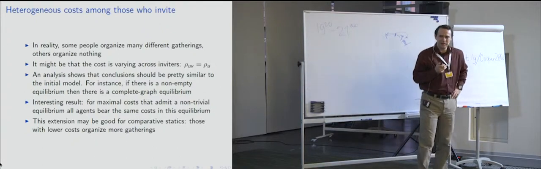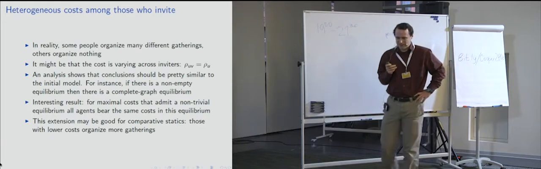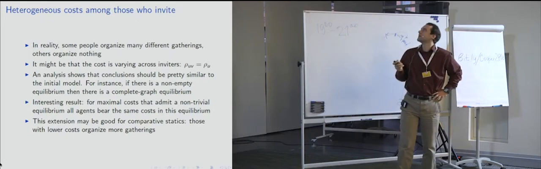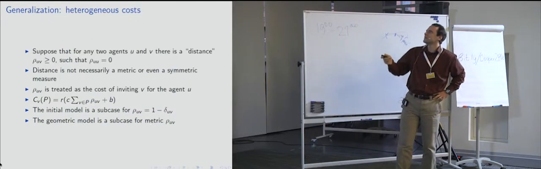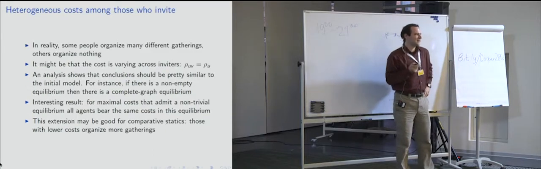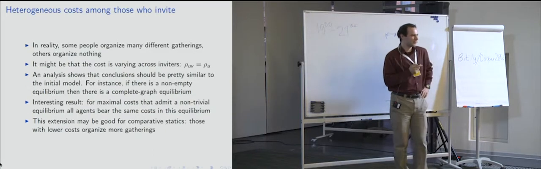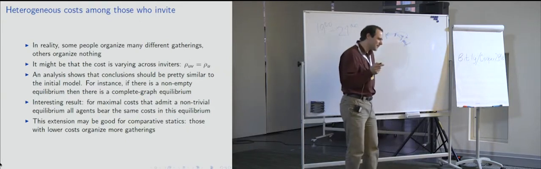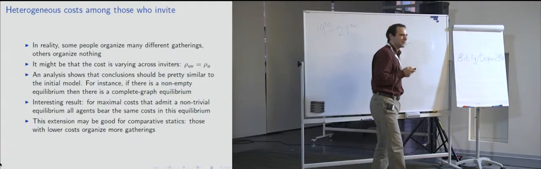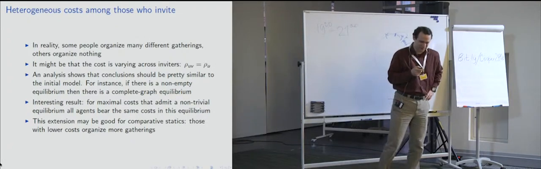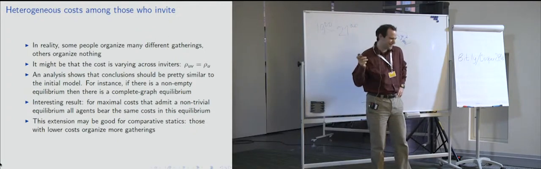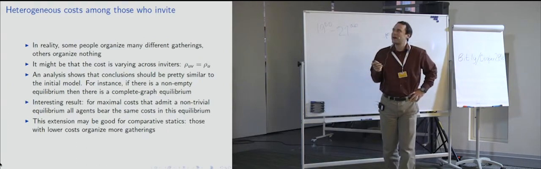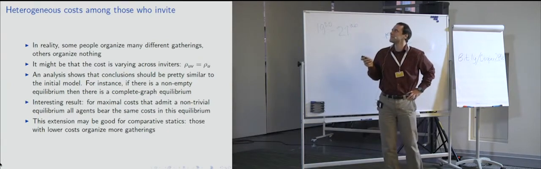For instance, one property is that there is some threshold in C, such that with greater C there will be only the empty graph equilibrium, and with lower C there will be more equilibria. The first non-empty equilibrium that occurs is the complete graph equilibrium. But in this complete graph, all agents bear the same costs.